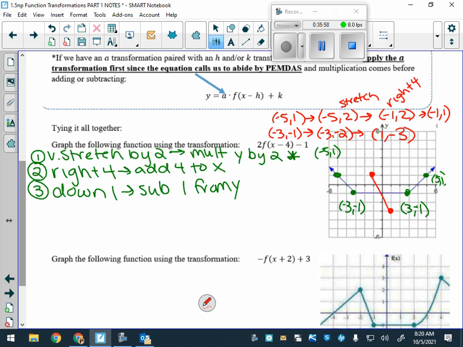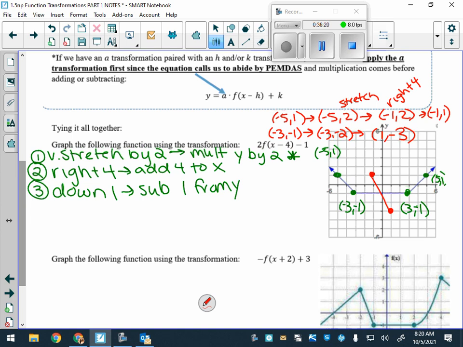Good. Okay, so 3, -1 would now be what? The y values are already done for you.